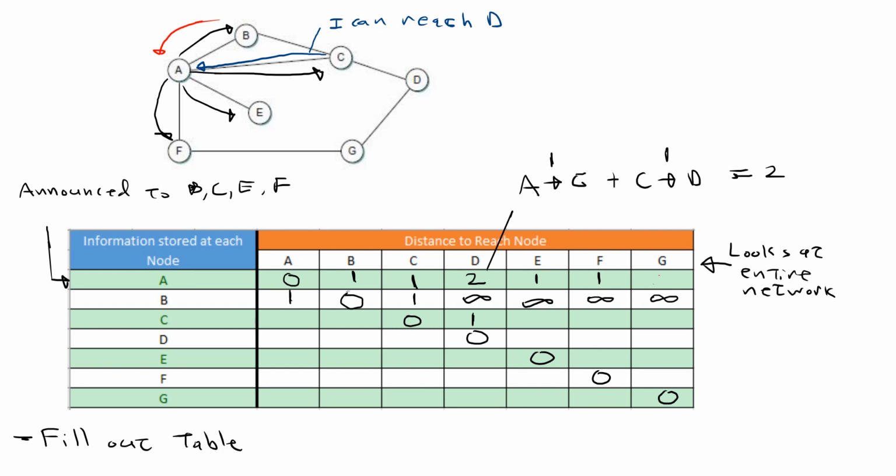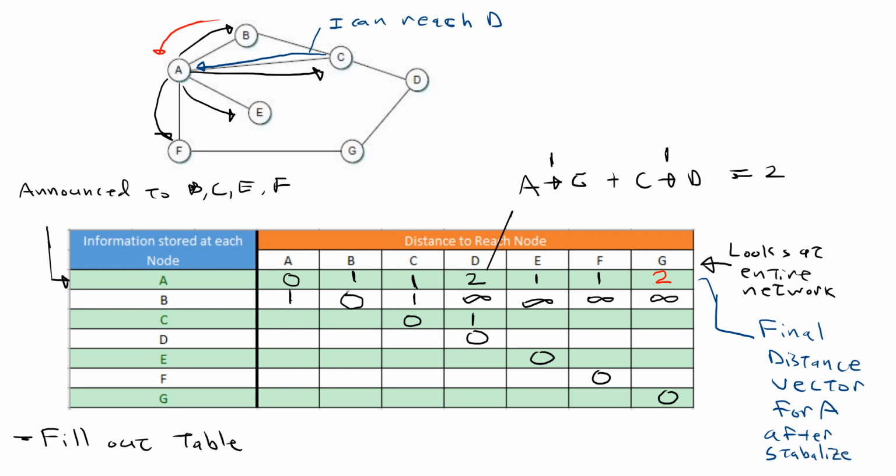And so this is our final distance vector after the network is stabilized. After the network is stabilized, this is the final distance vector, and A will always advertise what this is.